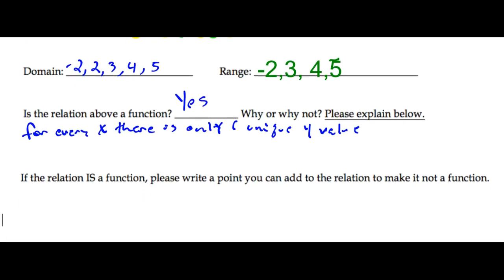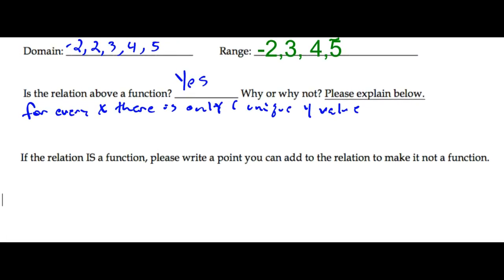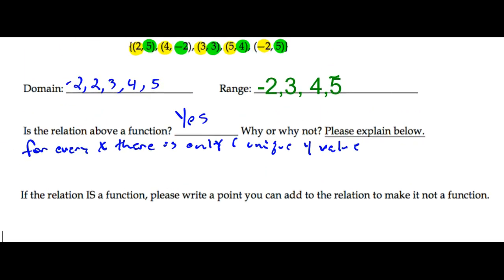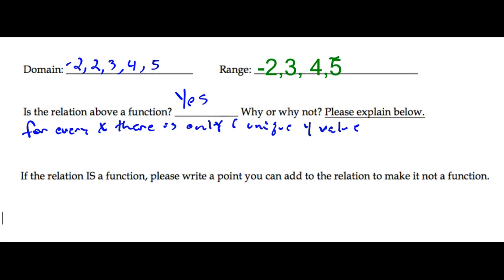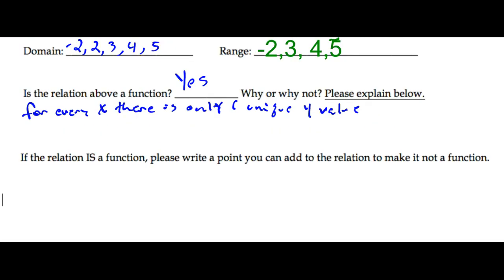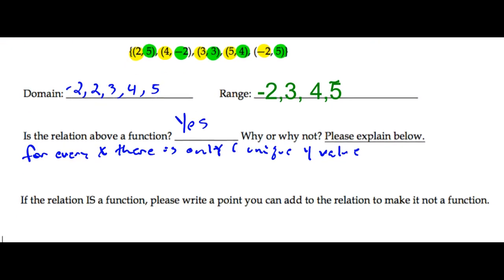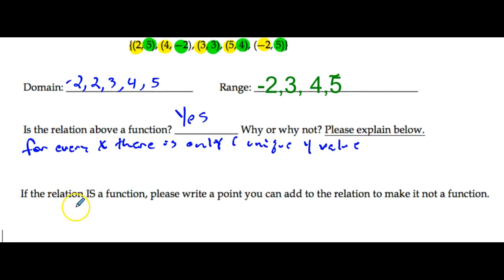And then the last part of this says, if it is a function, which it is, let's add a point that makes it not be a function. And very simply, all we have to do is take any of these x's that we've already used, such as, let's take that 2, 5, and then we'll add another point, say 2, 6.